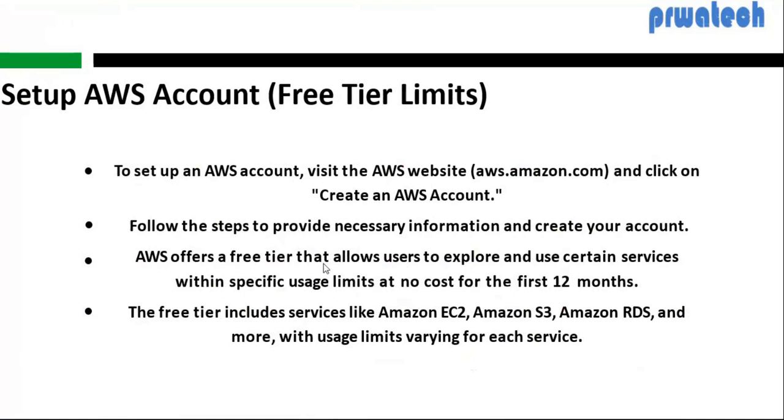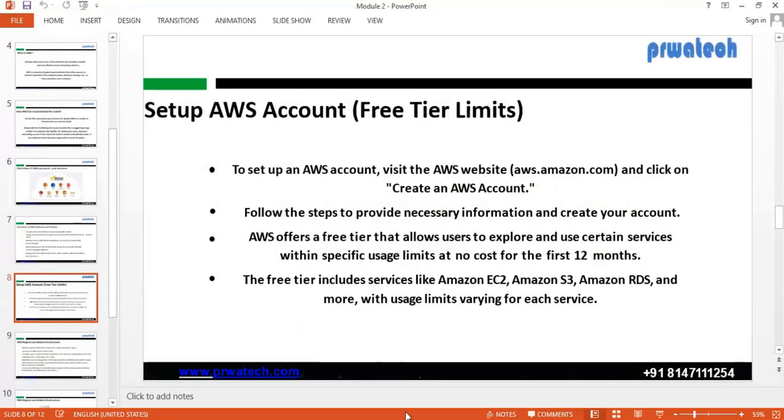You can see AWS offers a free trial that allows users to explore and use certain services with a specific usage limit and no cost for the first 12 months. We will not be paying a single rupee for AWS for the first 12 months. There are also some limitations. In the free trial, the services include Amazon EC2, S3, RDS, and more, with some usage limits. I will show you the limits also.